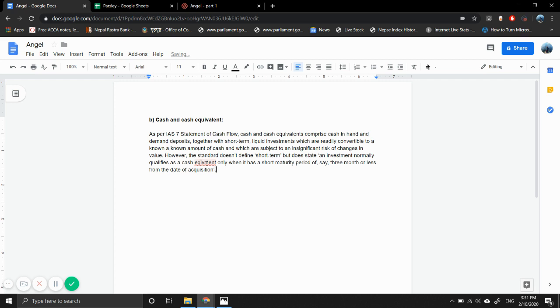Okay, so it does not give us any standard definition for short term, but what it normally says is that an investment normally qualifies as a cash equivalent when it has a short maturity period, which is normally less than 3 months, right?